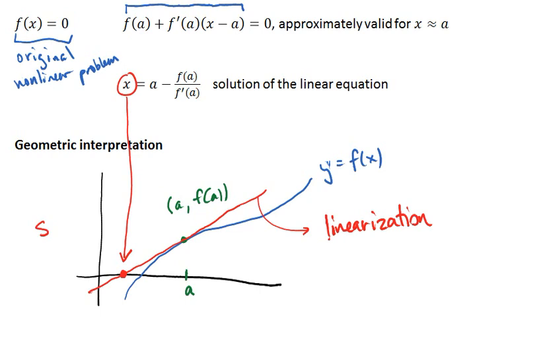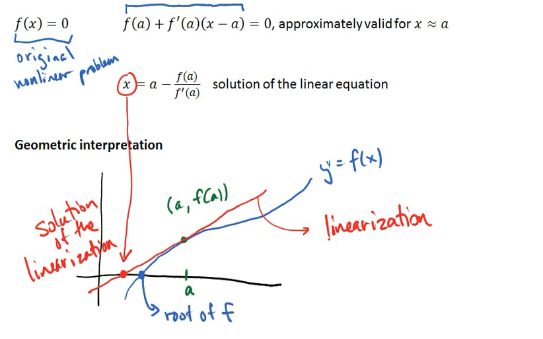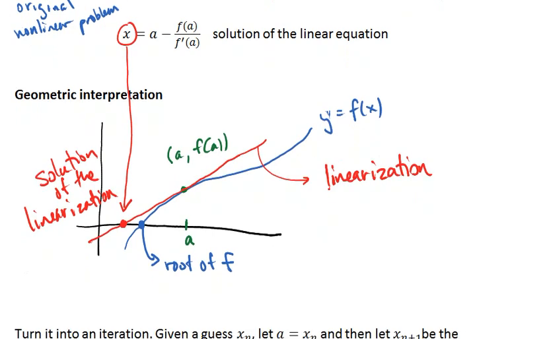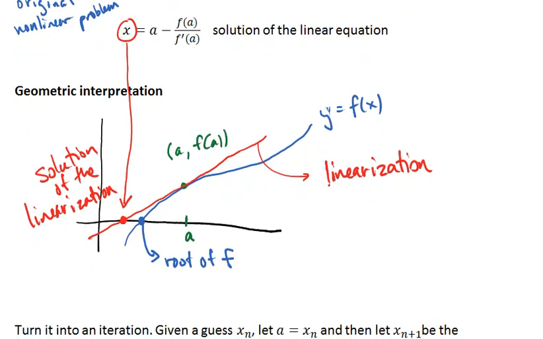So that's the solution of the linear problem. It's not exactly the same as the true root, but you'll notice in this case that it is closer to the root than the original point a was. So if all I had was the function and the point a, I've just found a point which is closer to the root than a itself was.